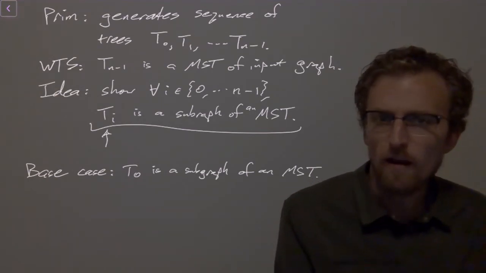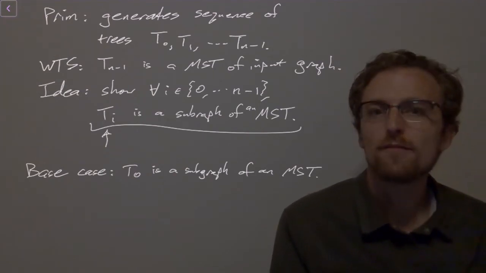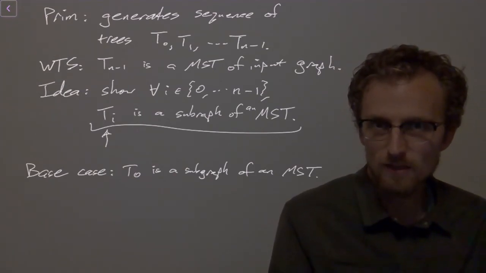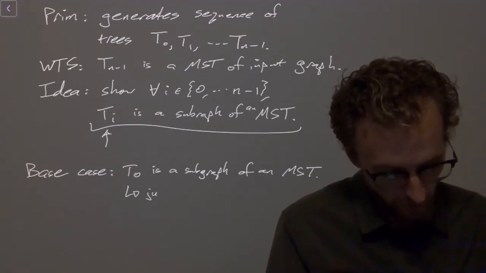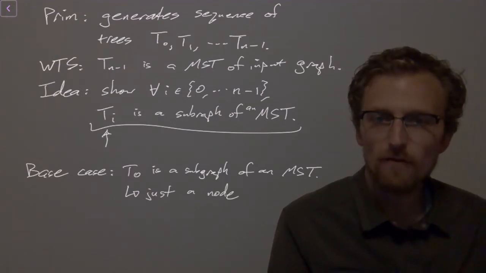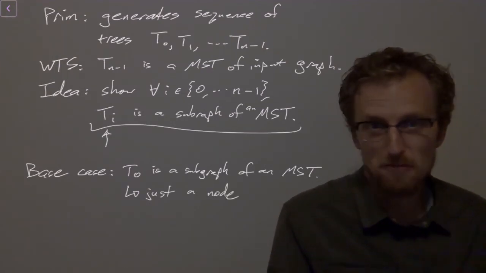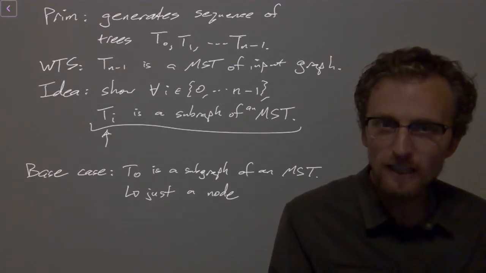It's not an interesting graph in any way, but it is a graph, and it is a subgraph of an MST, right? So our first tree is just a node with no edges, so it has to be a subgraph of an MST, right? It's a subset of the nodes and a subset of the edges, trivially in both counts.